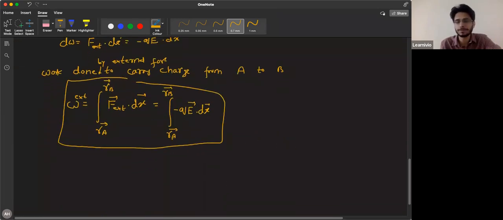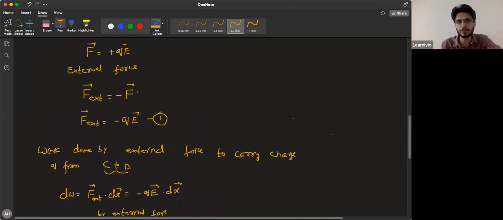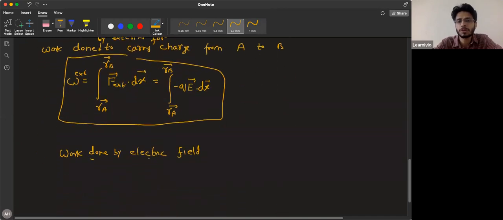Now, what if I ask you to calculate work done by electric field? Yashika, this is work done by external force, and this is the relation between force by field and external force. So what will be the relation between work done by field and work done by external force? Sir, we'll take the negative of it.